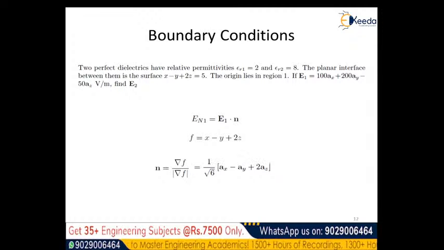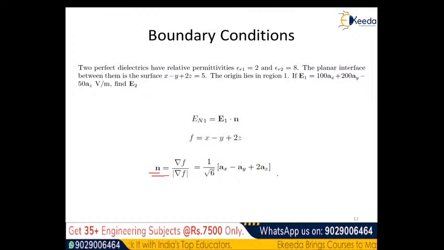So this is equal to 1 upon under root 6, in the square bracket we have the unit vectors ax minus ay plus twice az. So this particular n that you see is the normal, and this will point in the direction of increasing f.